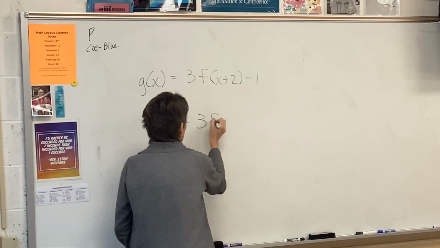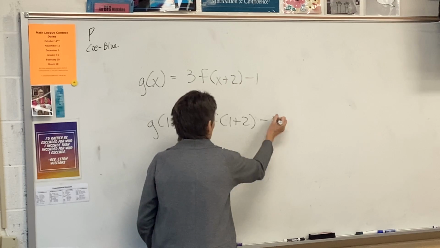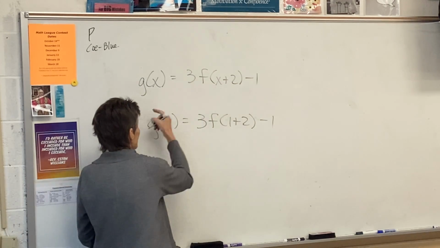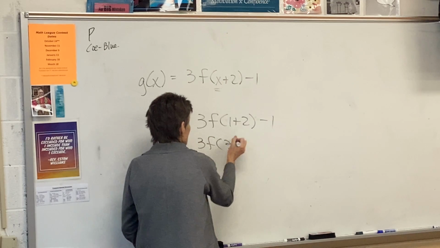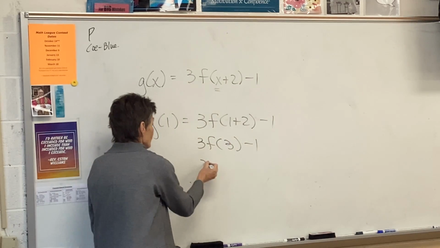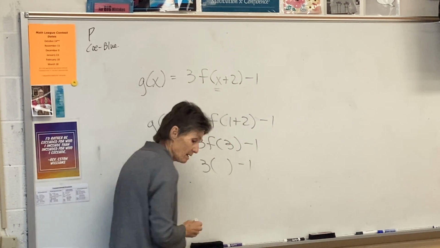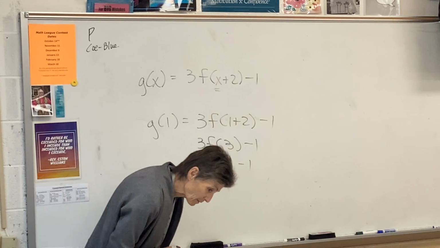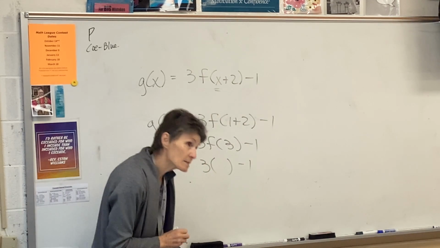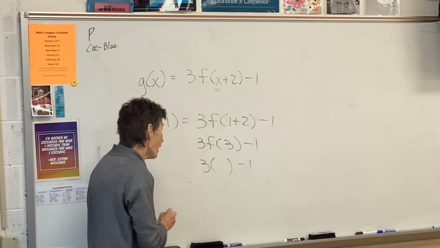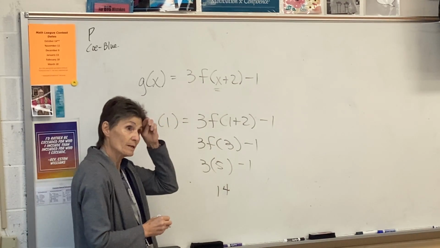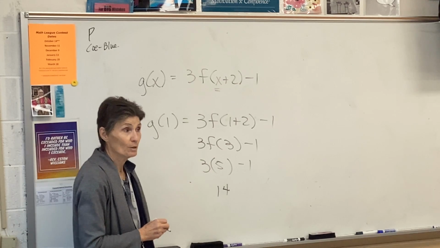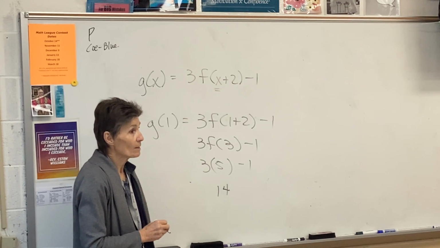So 3F of 1 plus 2 minus 1, plugging in 1. So that's 3F of 3 minus 1. What's F of 3? I should be able to get that out of my table. F of 3 is 5. So did you get 14 as your answer? Beautiful. Everybody okay with that?